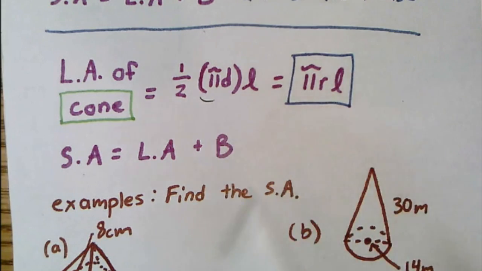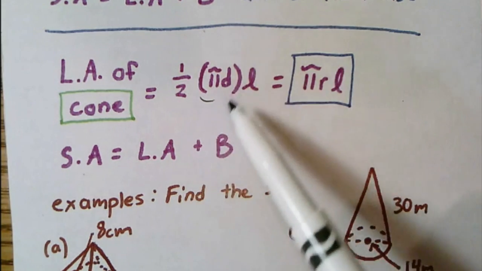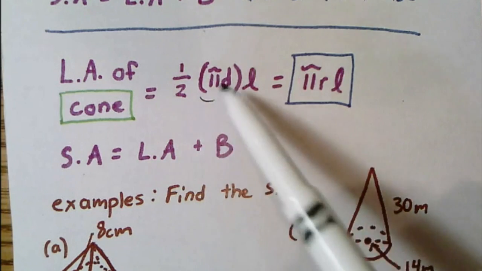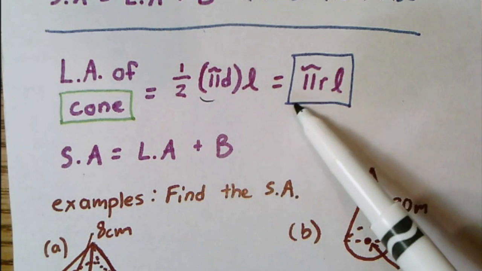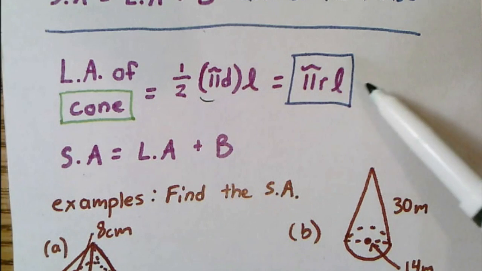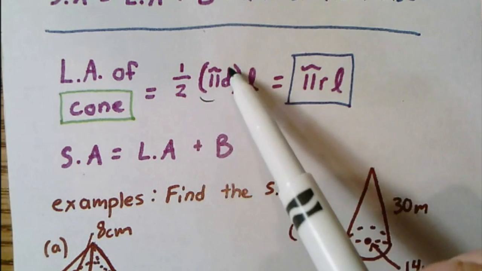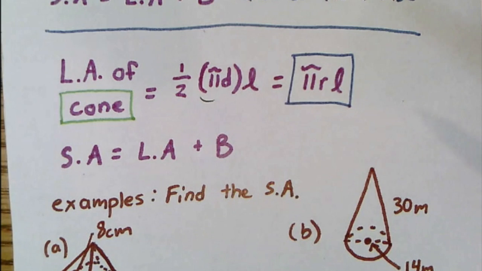Not right through the middle, but along the edge. In other words, this whole formula simplifies to pi times the radius times the length, because 1/2 times d is the radius. Both formulas are correct, but that one's a little bit easier to remember.